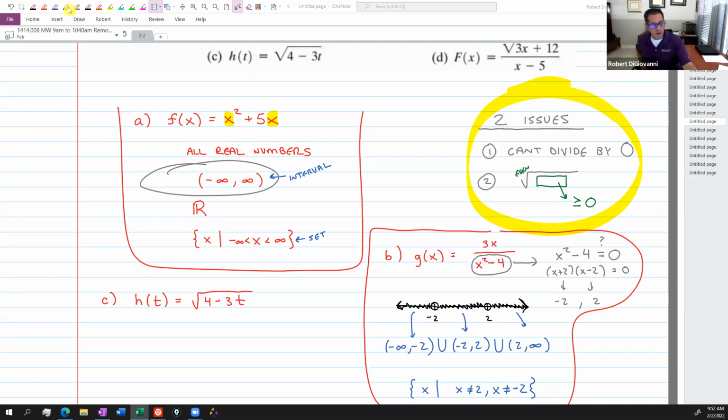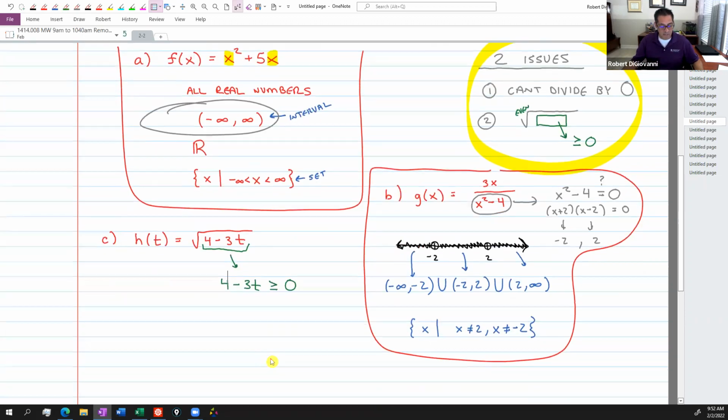So here's what we're going to do. We need to make sure that 4 minus 3t is never negative, right? So we want to know, when is it bigger than or equal to 0? That would tell us what values of t are good, whenever that's greater than or equal to 0.